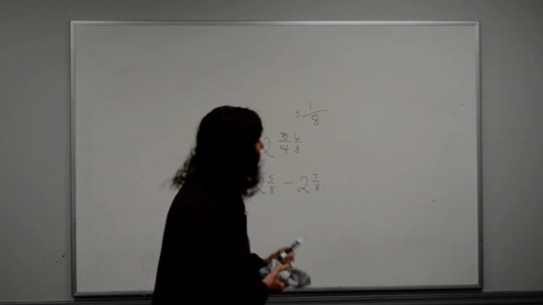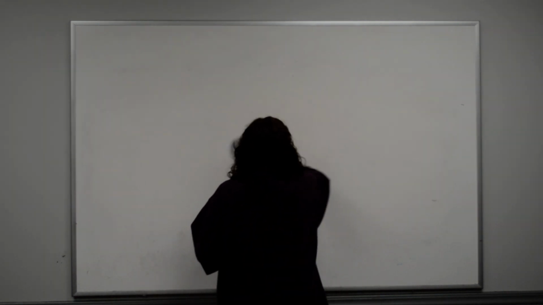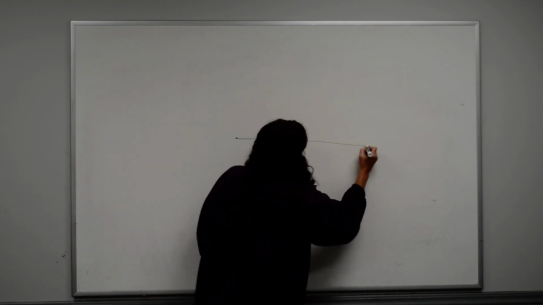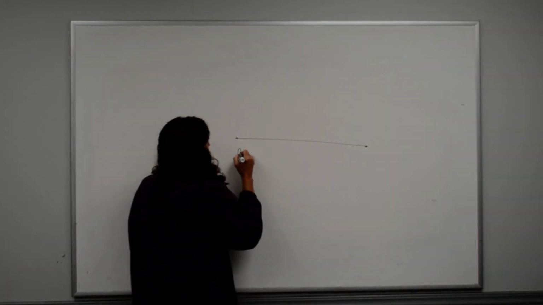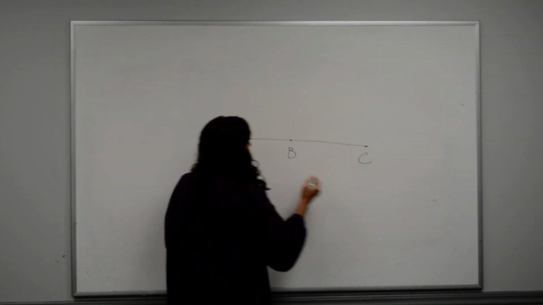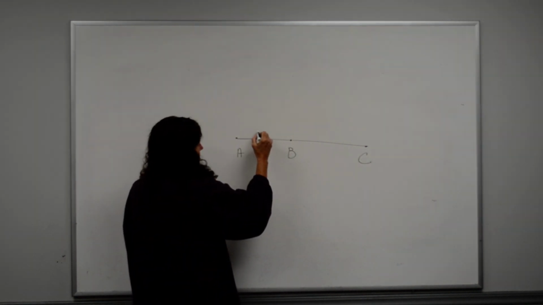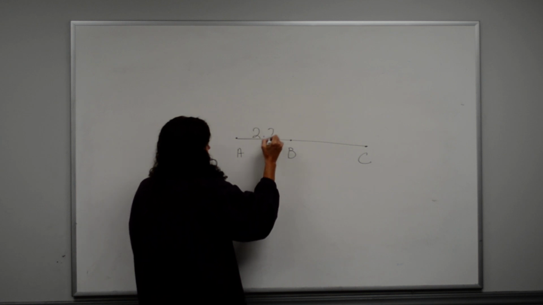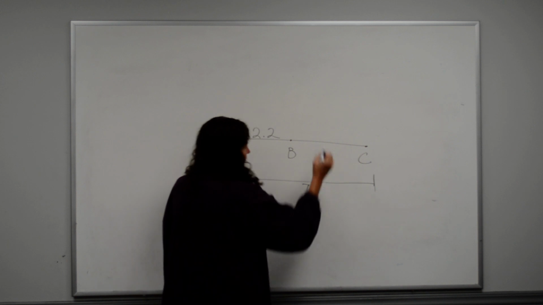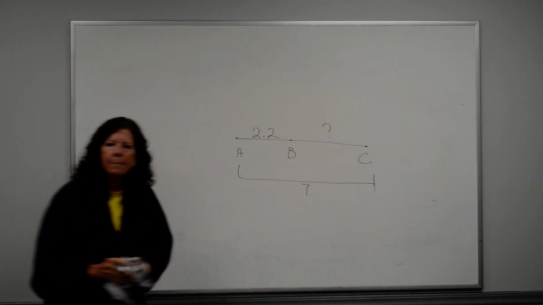We also talked about numbers in between other numbers, or letters in between, and how 2 parts together equal a whole. So let's say I have A, B, and C, and this is, I don't know, 2.2, and this whole thing from there to there is 7. How am I going to find that?